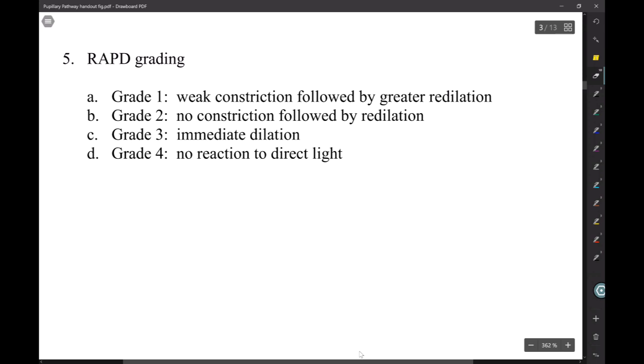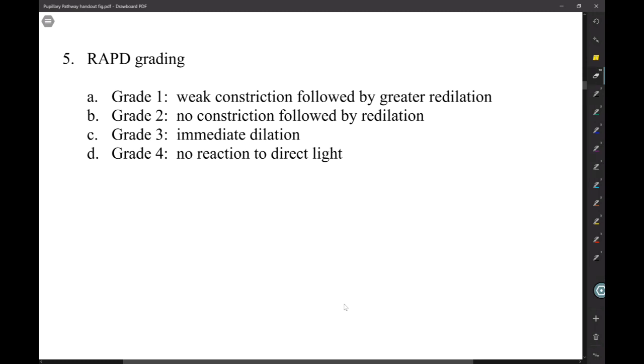A grade 1 relative afferent pupillary defect means that when we shine the light from the good eye to the bad eye, the pupil does constrict, but then it dilates faster than the normal pupil does. A grade 2 relative afferent pupillary defect means that when you shine the light from the good eye to the bad eye, there's no constriction of the pupil, and then there's redilation.